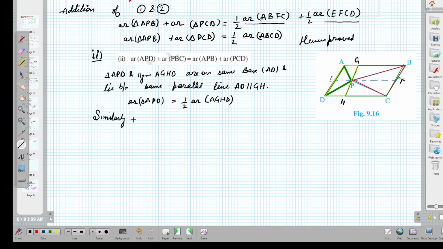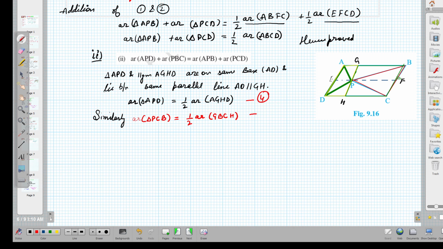So for that we can write the area of the triangle PCB is equal to the half of the area of the quadrilateral, the green one quadrilateral, that is GBCH, right? तो ये हम लिख सकते हैं.